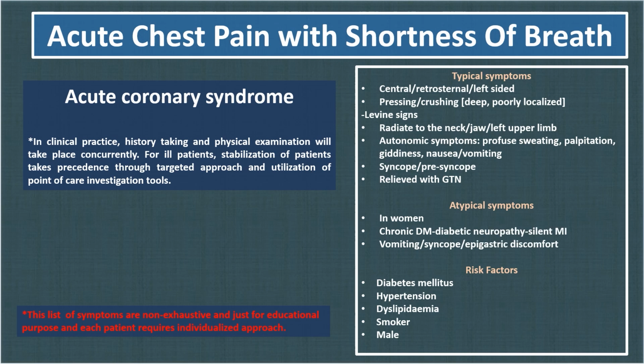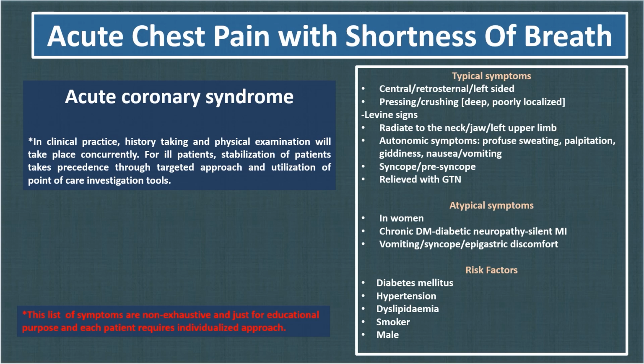Next, I would like to talk about another spectrum of clinical presentations, which are the small group of patients who sometimes may present with atypical symptoms. In this regard, I'm talking about patients who suffer from acute coronary syndrome but did not present with the typical symptoms that I have just mentioned earlier.